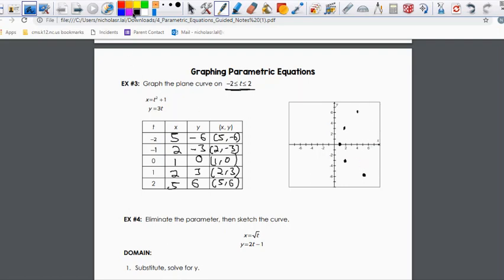And then what we do is we draw a smooth curve, and we draw arrows to show the direction of time. And so this is the parametric equation. So that's it for example 3. Let's move on.